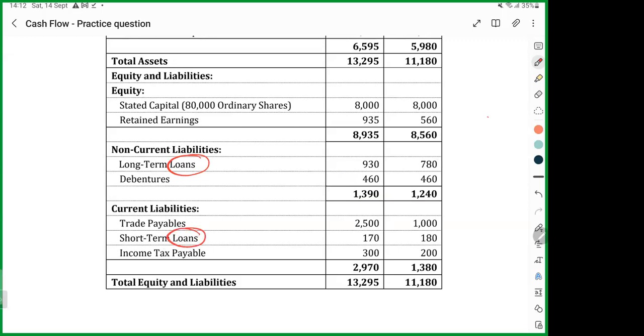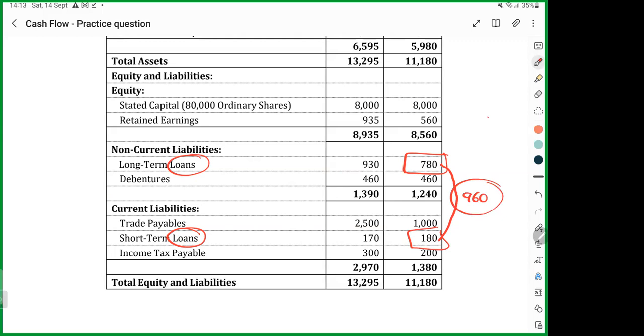Amount payable after a year, you classify under non-current liabilities. Now see the total loan. At the beginning, how much total loan? 780 plus 180. Total loan 960.